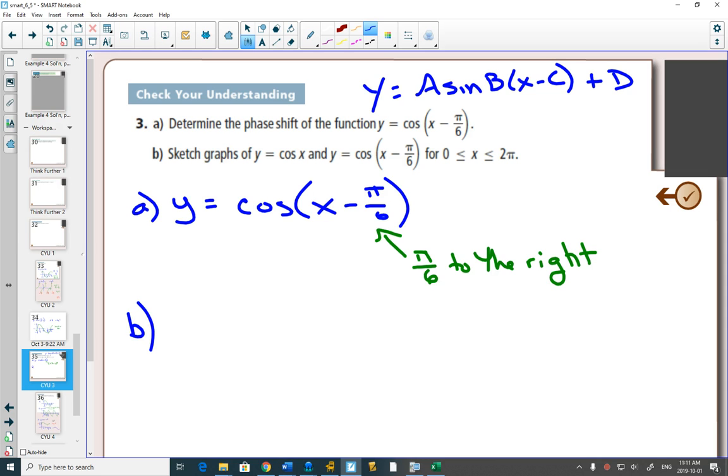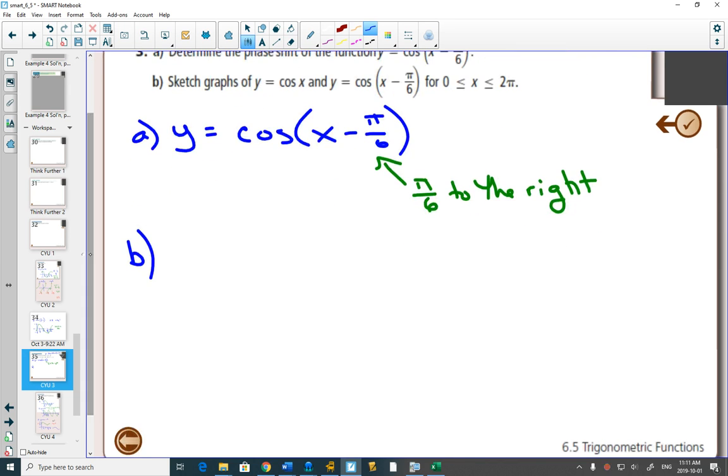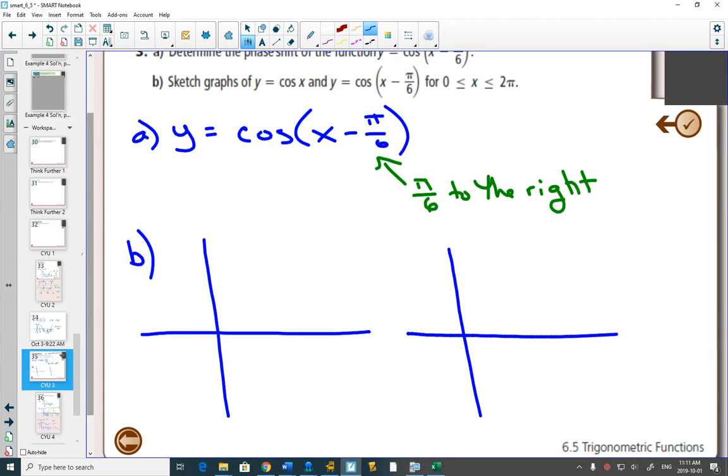And so it says sketch the graphs of cos x and cos of x minus pi over 6. And I'm going to do those two on two separate graphs here. So our cos graph, normal cos graph, has a period of 2 pi, split it into 4 equal sections.